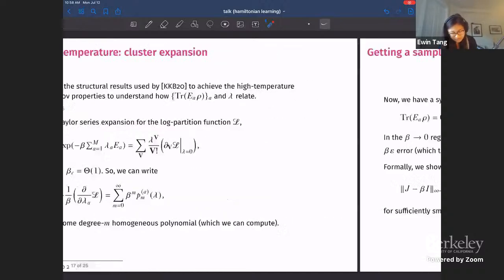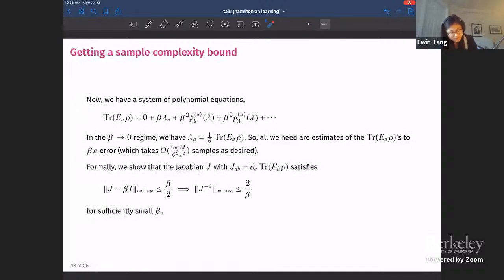And now this is nice because we've reduced this problem to a system of polynomial equations, where on one side there are the things that we can estimate, and on the other side are the things that we want to find. Here I've just written the first two terms of the sum, but there are also higher order terms in the lambdas.